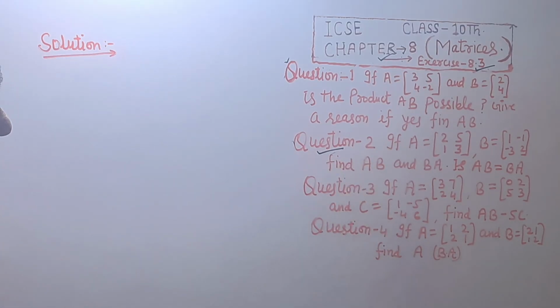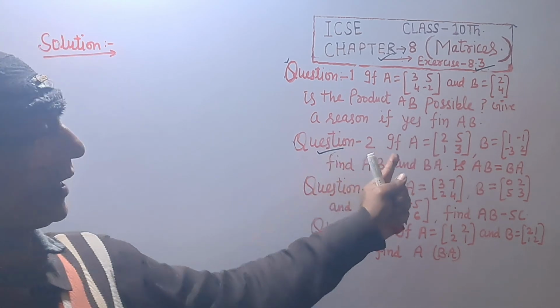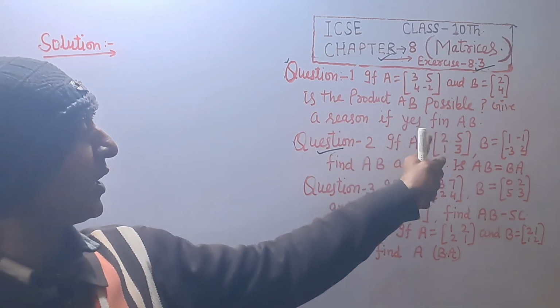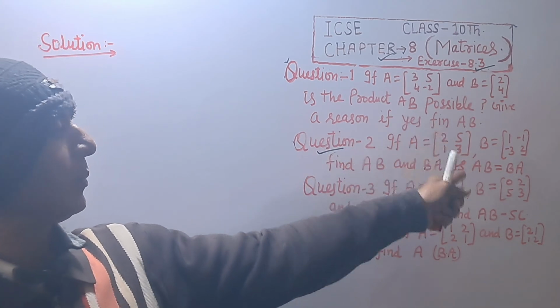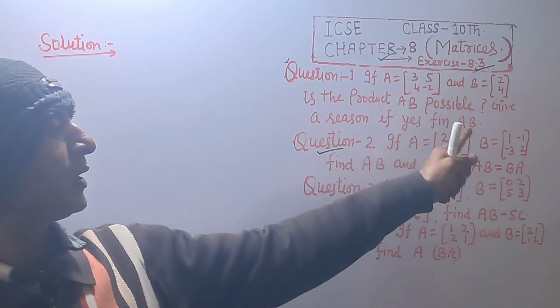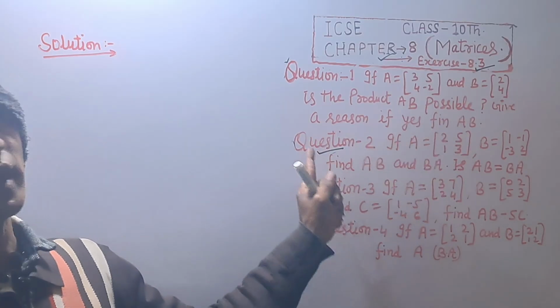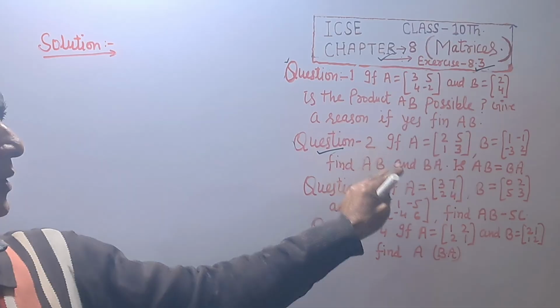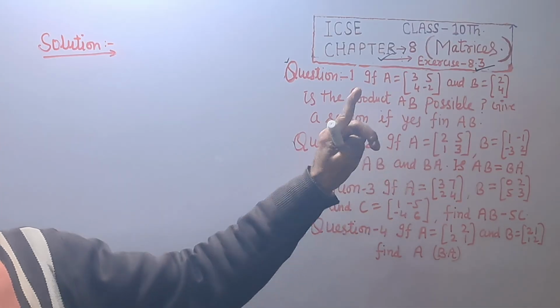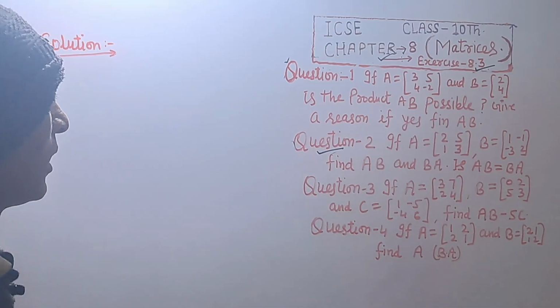Next question, question number 2. If A is equal to [2, 5; 1, 3] and B is equal to [1, -1; -3, 2], find AB and BA. Is AB equal to BA?